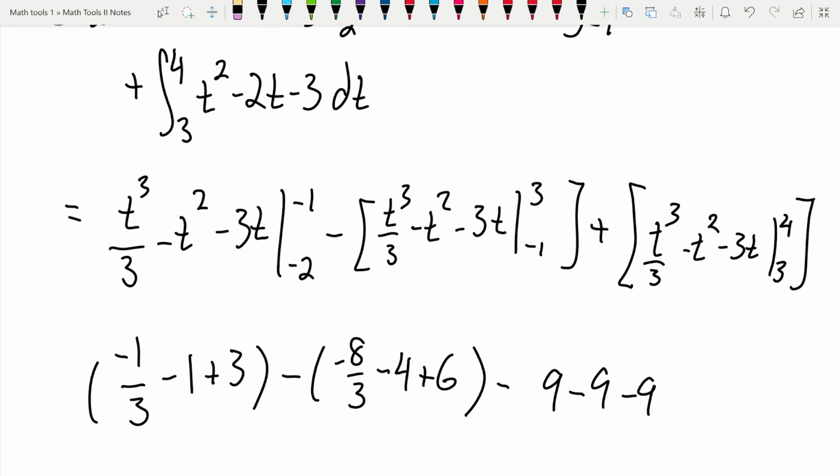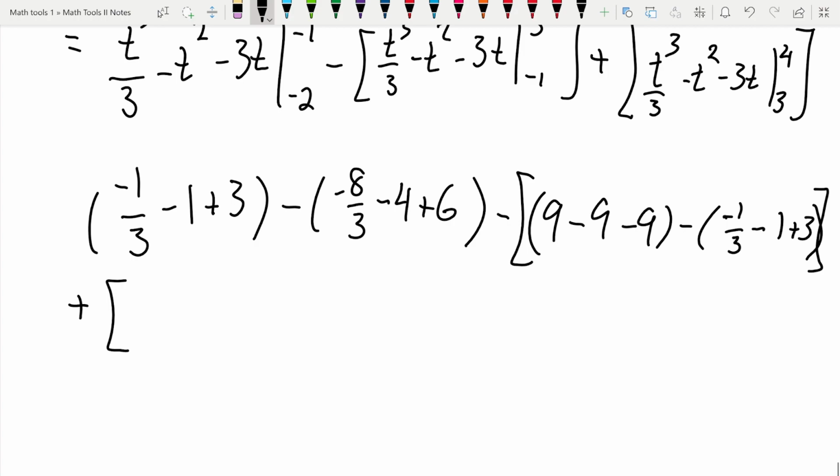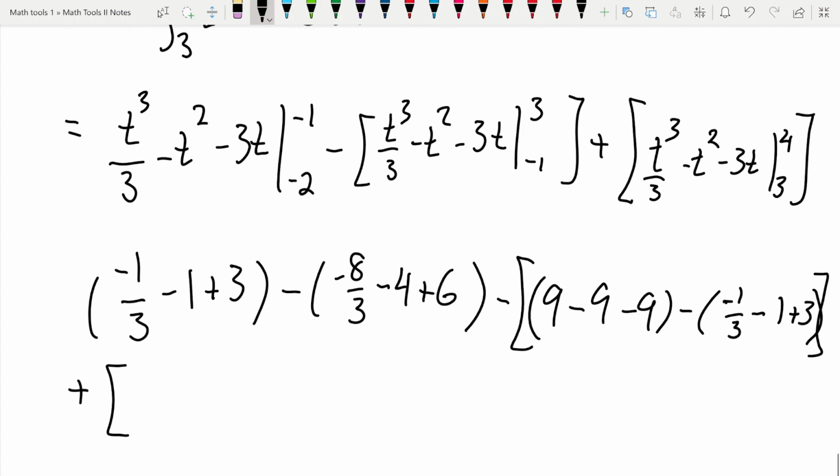And maybe I should put this whole thing in a bracket and this in parentheses, because then we're doing minus negative 1 third minus 1 plus 3. I'm definitely going to have to check my work here, because there are a lot of moving pieces.